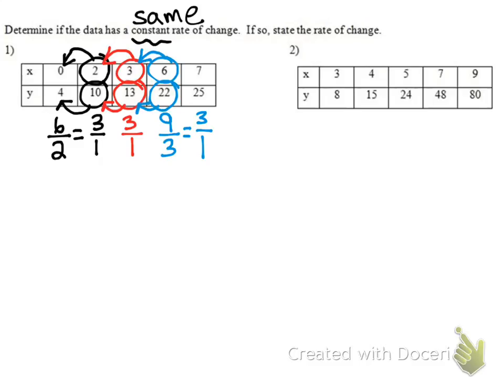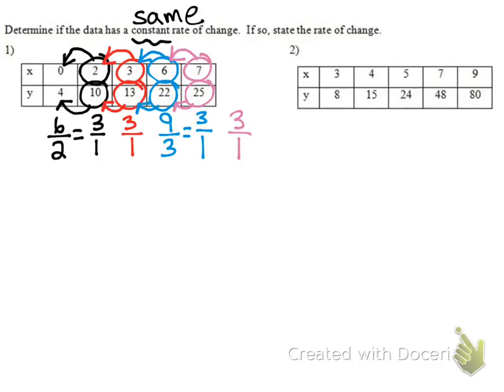And the last one here, we're going to do 25 minus 22. What is that? 3. And here we're going to do 7 minus 6, which is 1. So do you see we have 3 over 1, 3 over 1, 3 over 1, 3 over 1? So you do 22 times 13? 22 minus 13.